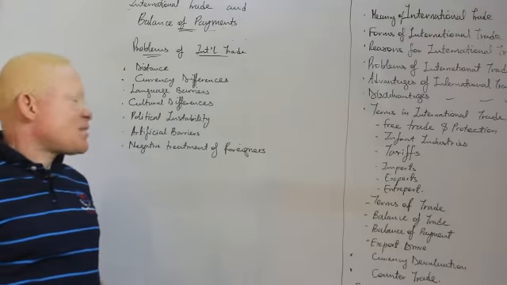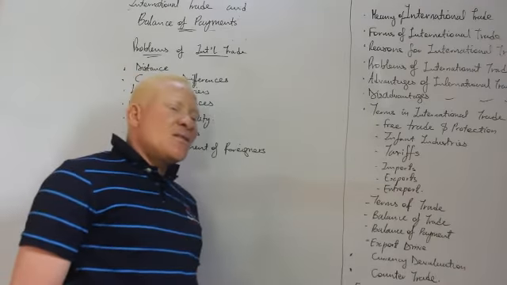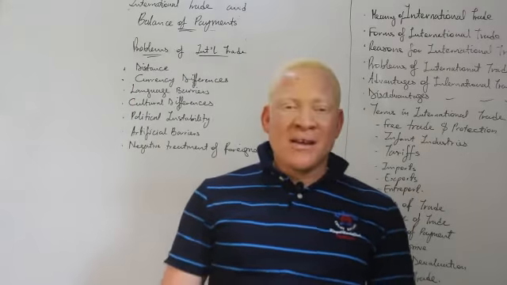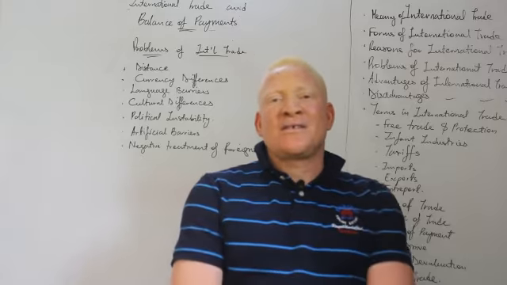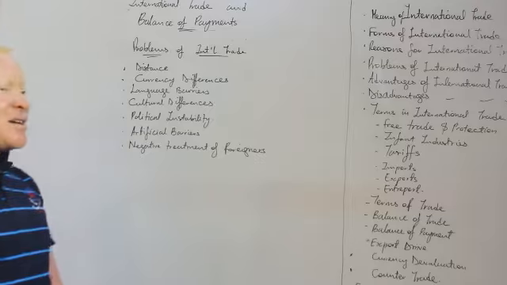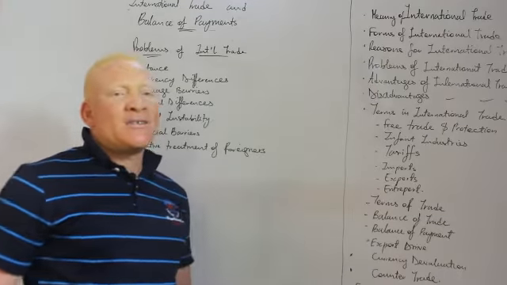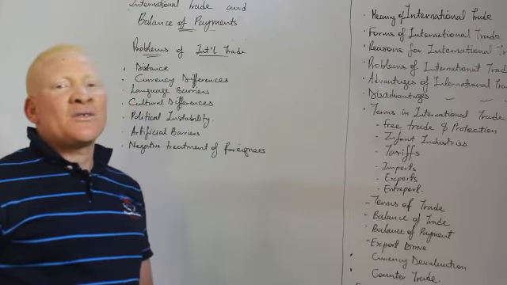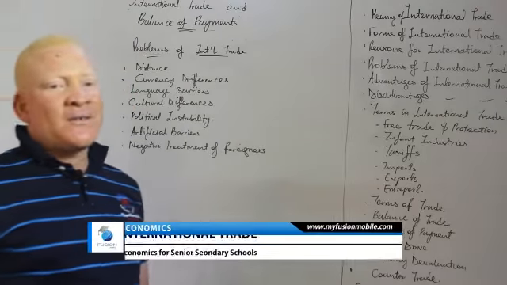Then political instability in the political atmosphere. This has the problem of scaring away foreigners. Then you have artificial barriers such as protectionist laws and trade restrictions that come up as a result of the policies of the country.